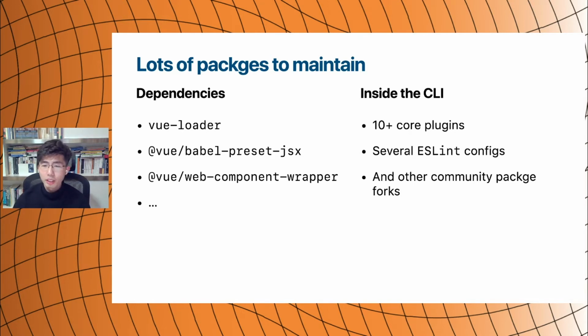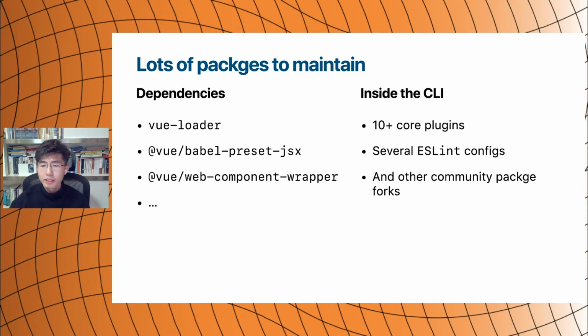But even more, we need to take control of several forked community packages because the upstream may no longer be maintained, like the preload Webpack plugin and the friendly errors Webpack plugin.